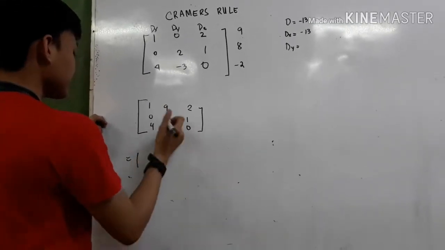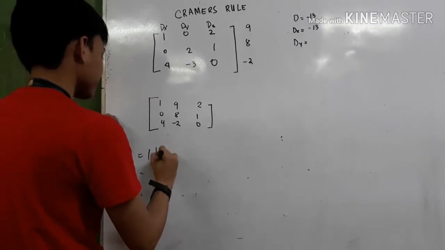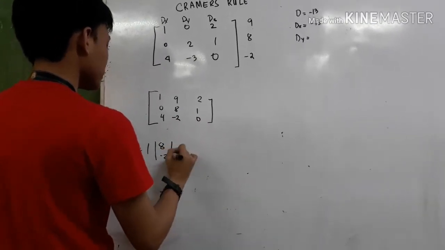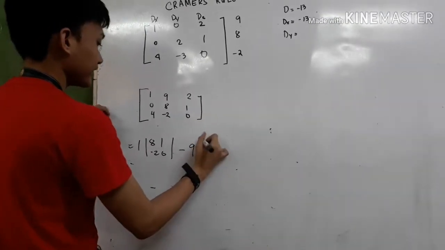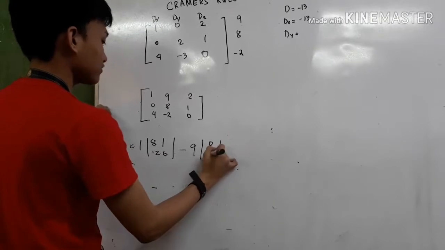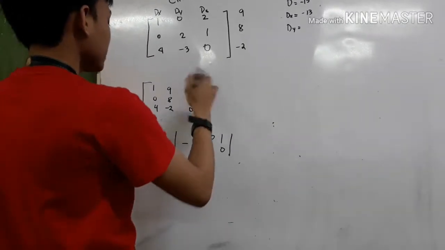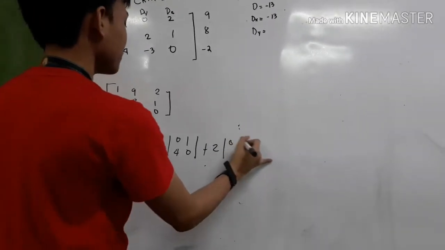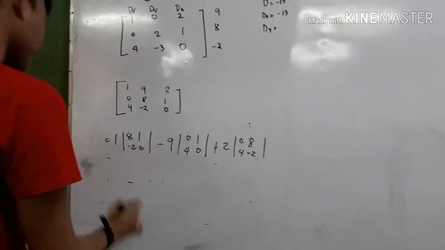So 1 times the matrix 8, 1, negative 2, 0, minus 9, 0, 1, 4, 0, then plus 2 times the matrix 0, 8, 4, and negative 2.